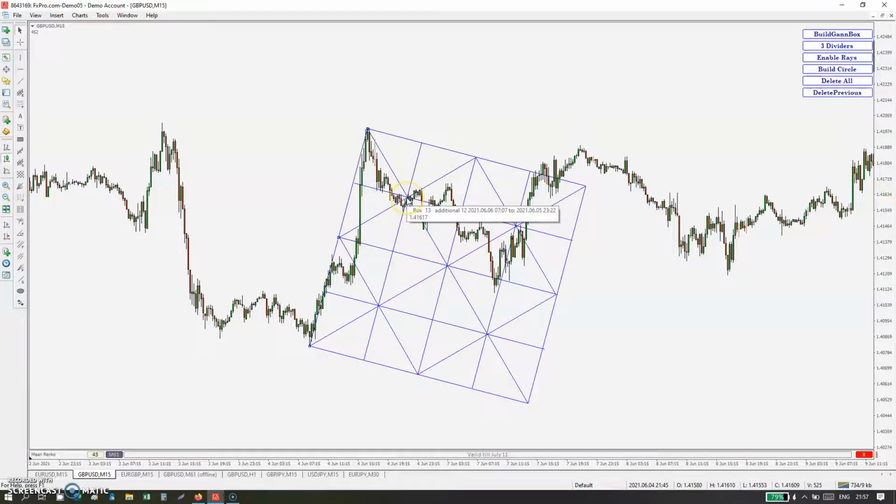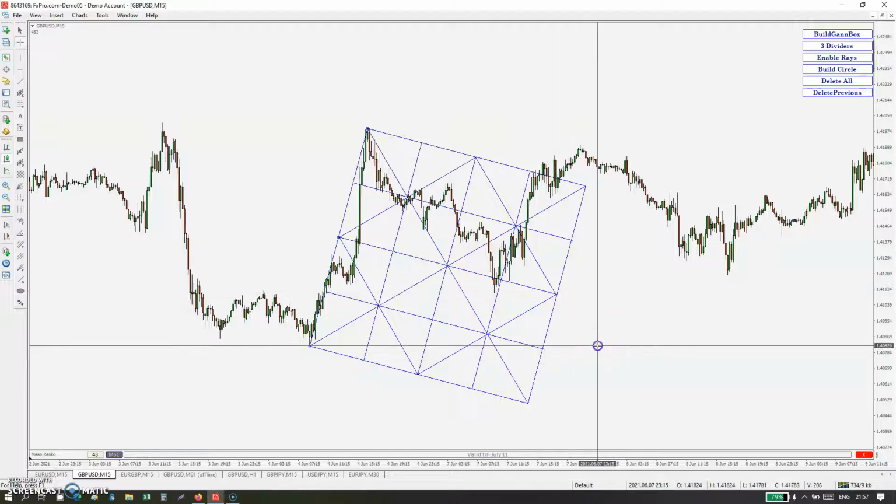Every intersection is also a turning point, but the major points I already told you, here, here, here. Be careful about the 50% level, whenever, whatever you find. Okay.